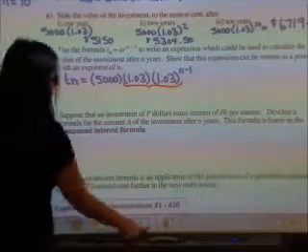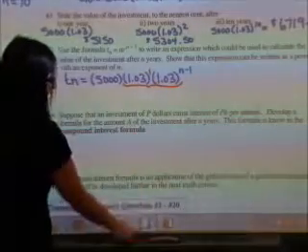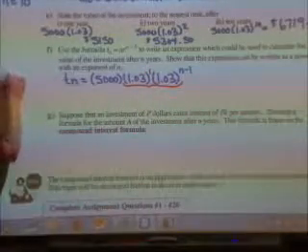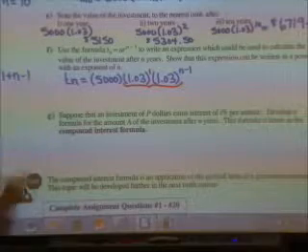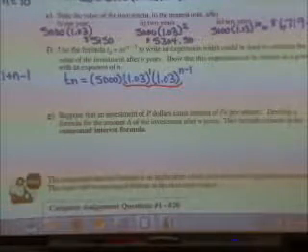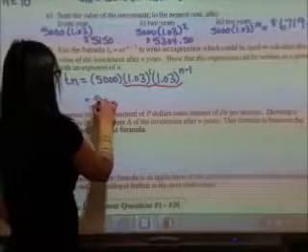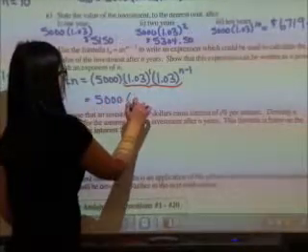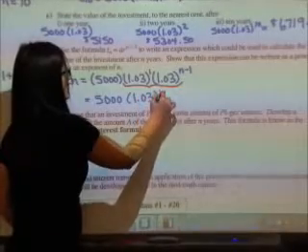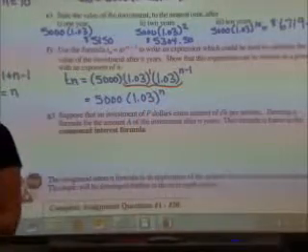The exponent here is 1. If I go 1 plus n minus 1, what happens to the 1s? Cancel each other out. They're going to equal 0, so I'll be left with n. So I get the equation 5,000 times 1.03 to the power of n.